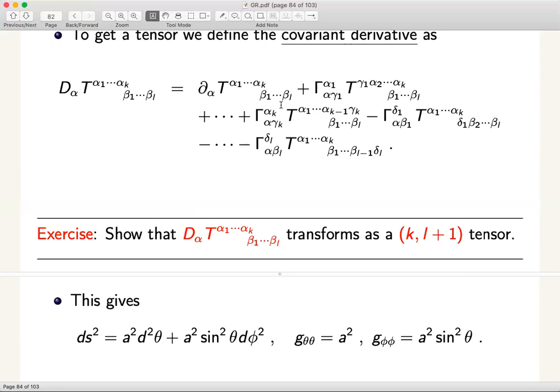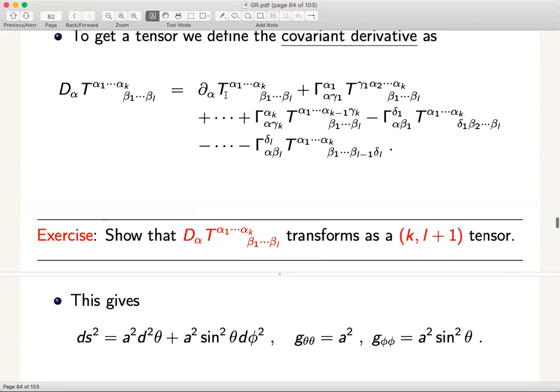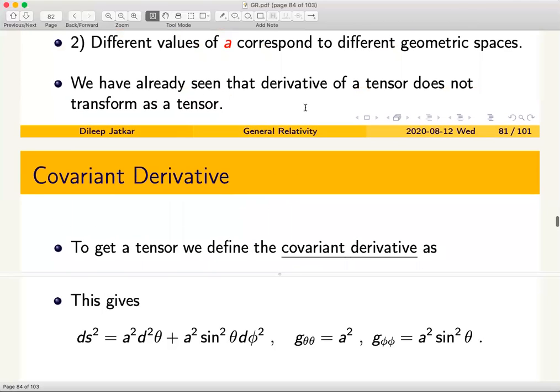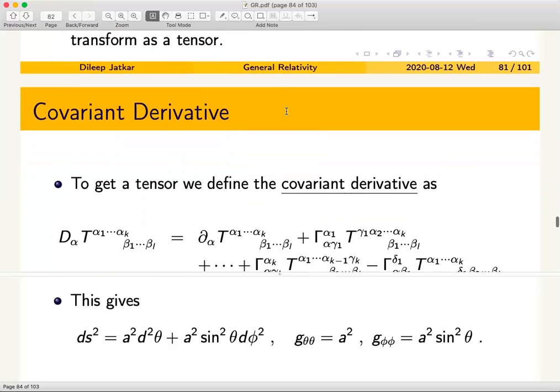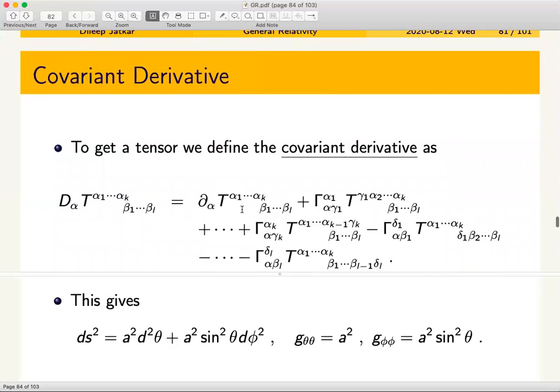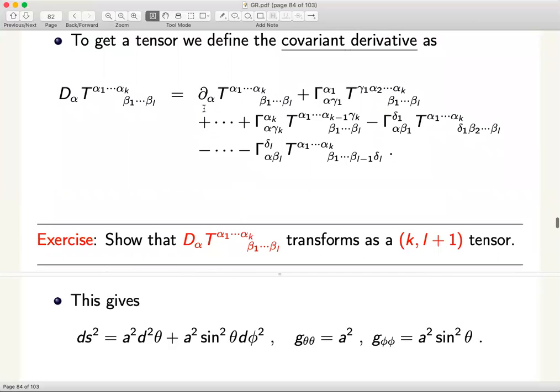How the partial derivative acts on T is something we know: if you do a general coordinate transformation, the partial derivative is going to generate an inhomogeneous term. This is something we talked about just before we defined the covariant derivative. So there is an inhomogeneous piece coming from here, and whatever inhomogeneous piece you get from this term, all the other terms have to conspire to cancel it.